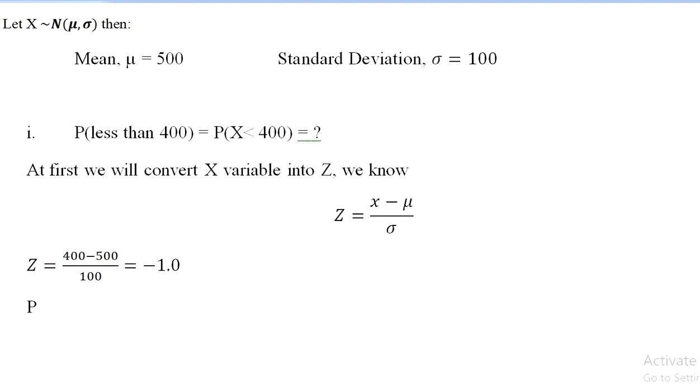देखिए हमने यहाँ पे x की वैल्यू जब 400 पुट की है तो उससे हमारे पास z की वैल्यू माइनस 1.0 निकली है। तो पहले x को जब z में ट्रांसफॉर्म करना है तो इसको हम इस तरह से लिख सकते हैं, z की वैल्यू है less than minus 1.0.